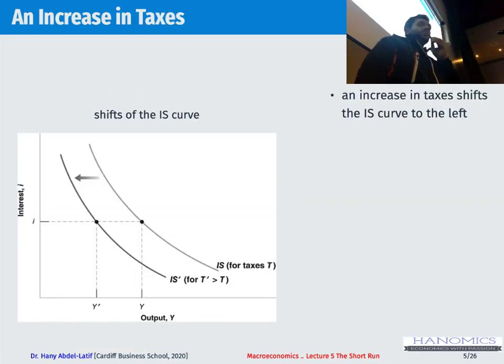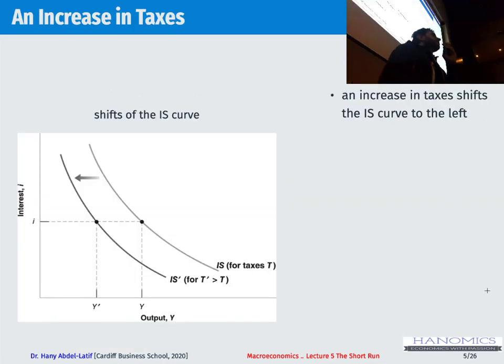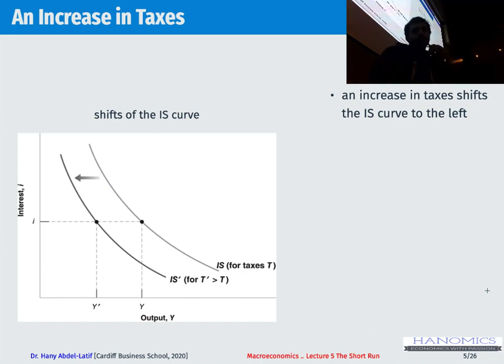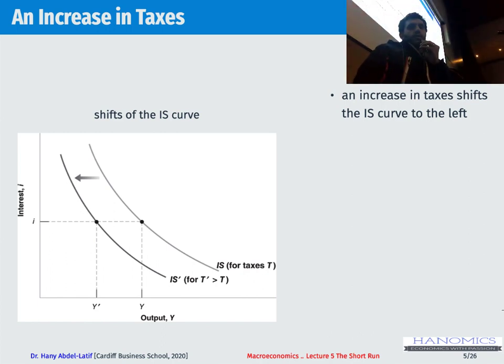So this is how it looks. This curve moved from the first IS curve, and then when taxes increased to T prime, which is a higher level of taxes than T, the IS curve shifted to the left.